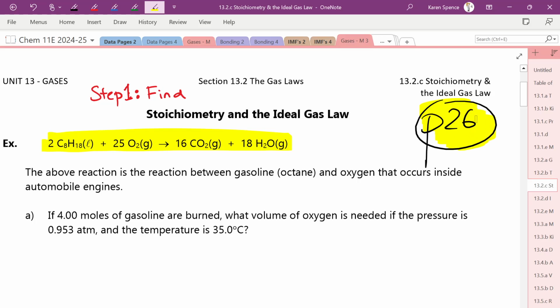If we're going to be using the mole ratio, what would we be finding?